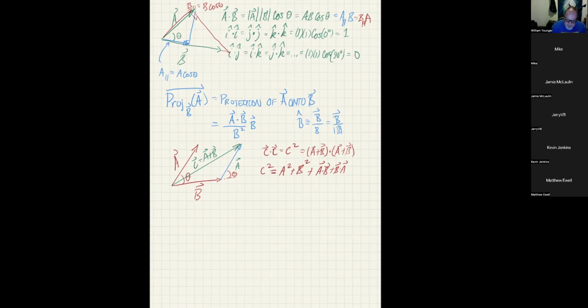And now I've got C squared is equal to A squared plus B squared plus 2AB cosine theta. That's one form that I've seen expressed as the law of cosines.